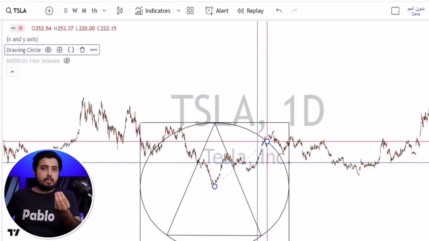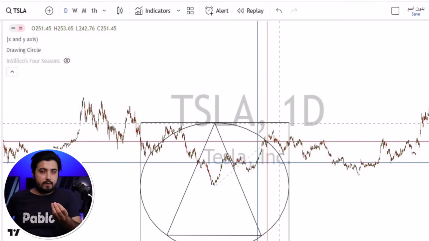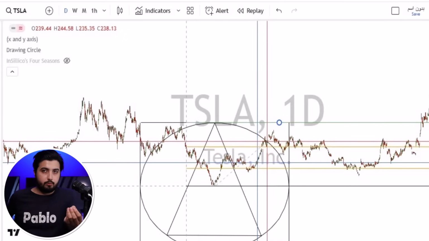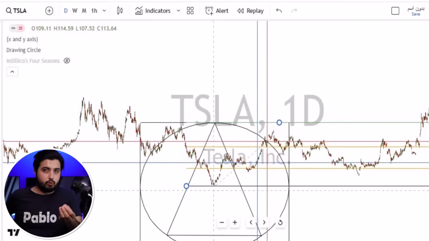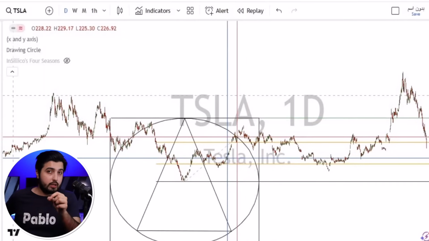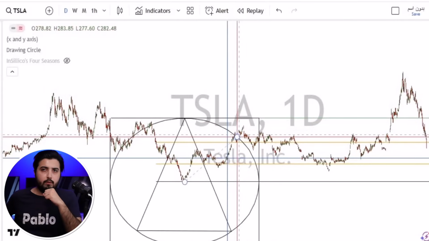If the price is inside the square and touches 0.618, it could be a reaction zone. If price is outside the square, that same level might serve as a different kind of signal depending on the context. Again, like I said before, none of these levels promise specific outcomes. They're tools for observation, not crystal balls.